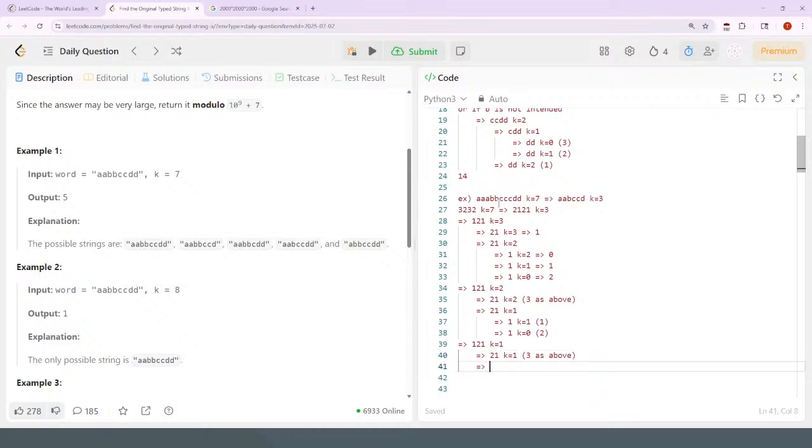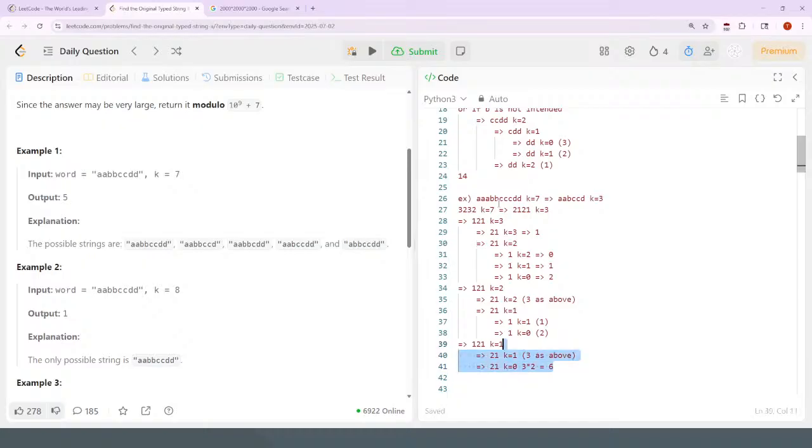Or it could be 2, 1, k equals 0. And this ends up being 3 times 2, which is 6.